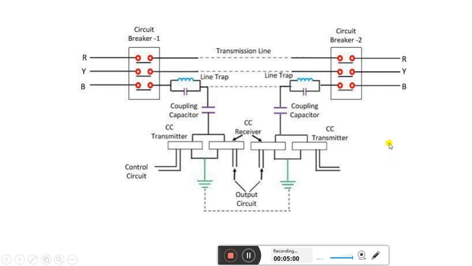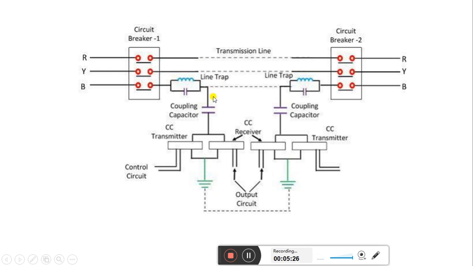Now here we see that there are two main components of this carrier current protection scheme, that is the coupling capacitor and the line trap. Basically this line trap is tuned to very high frequency signals, and the line trap offers very high impedance to the carrier signals.